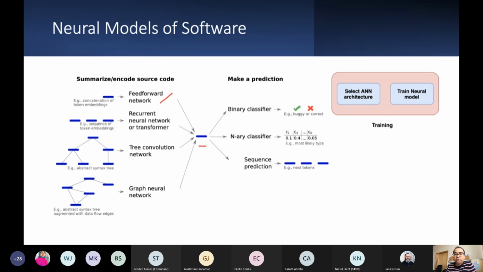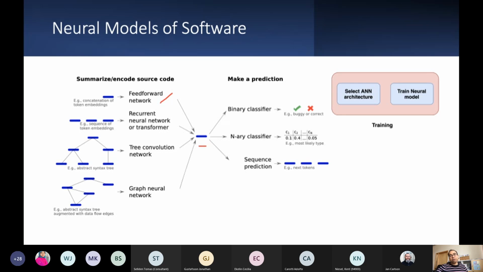Training and querying neural models of software works just like in any other domain. For example, the weights and biases of the various functions that control the model behavior are calculated by optimizing those functions based on examples of inputs and expected outputs.